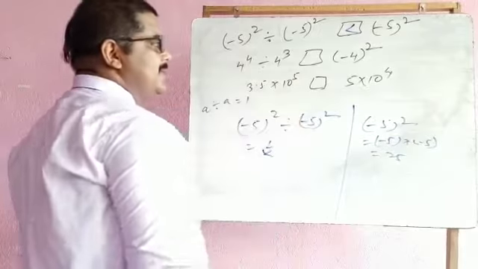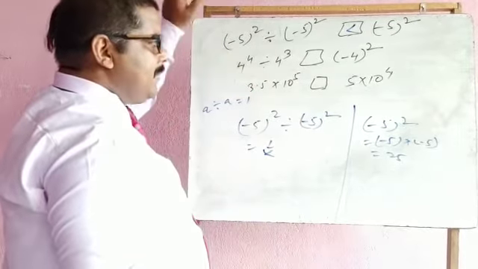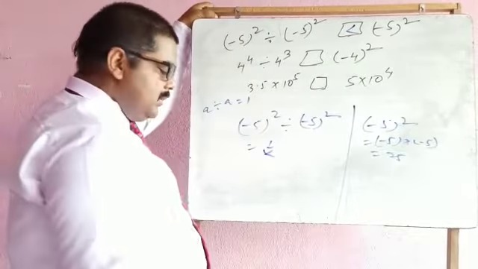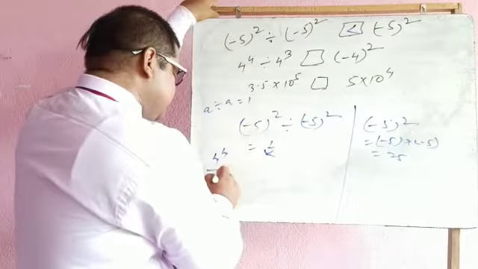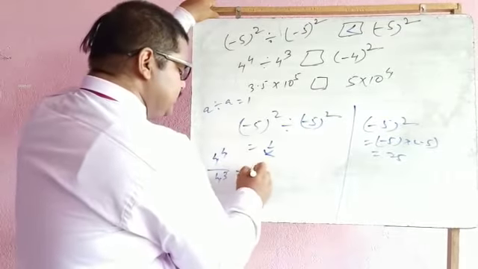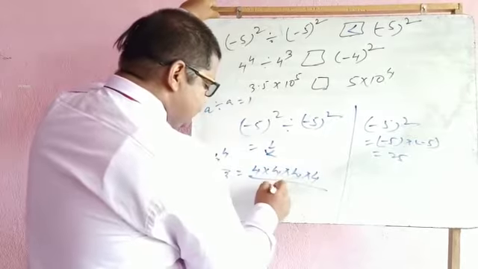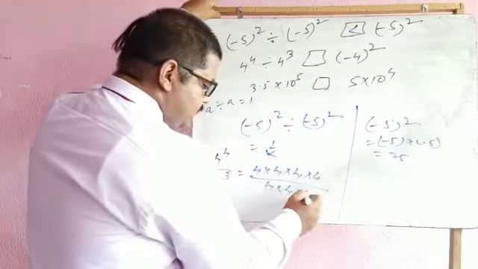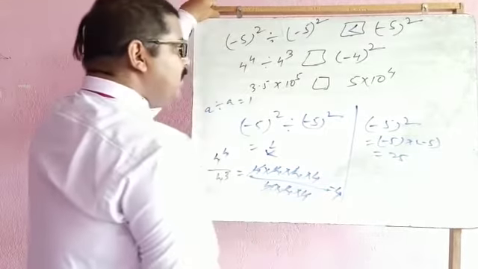In the second question, you can just see that 4 to the power 4 divided by 4 to the power 3. When you solve this question, you check that 4 into 4 into 4 into 4, and the 3 fours, if you cancel them, the result is 4.